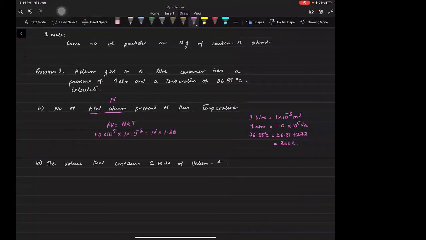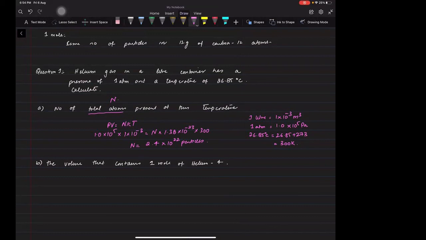Boltzmann constant is 1.38 times 10 raised to minus 23, and the temperature is 300. As simple as that. So you have to check what is he asking and use the right equation for it. So n here on my calculator was 2.4 times 10 raised to power 22 particles. Is it clear, bachcho?